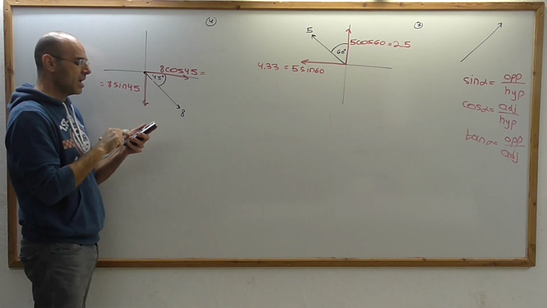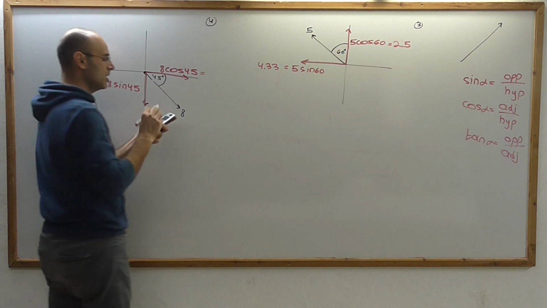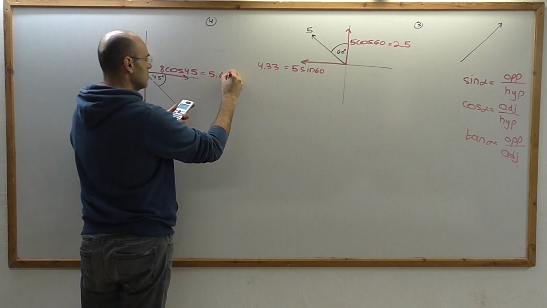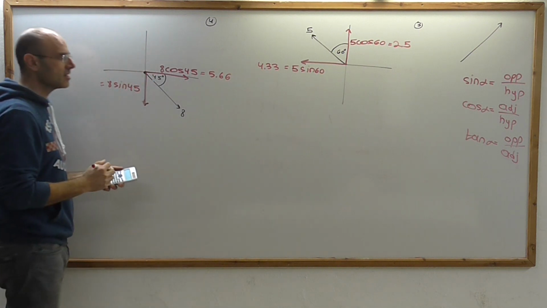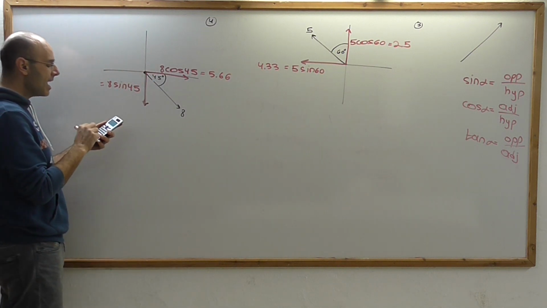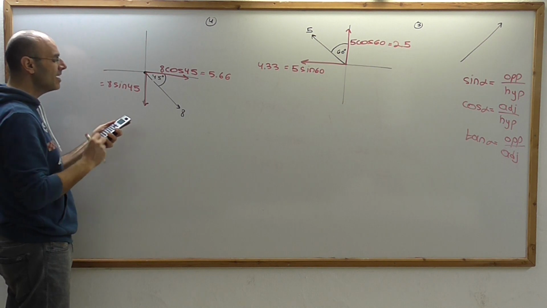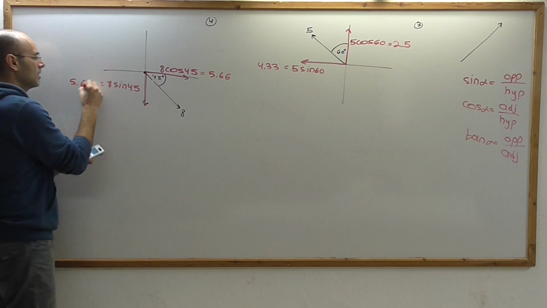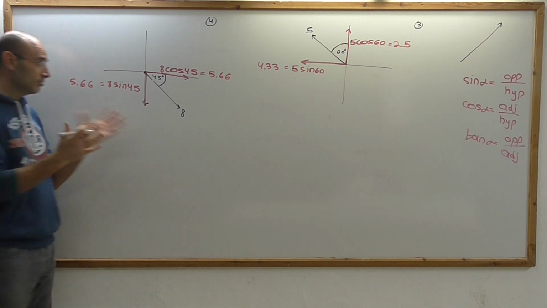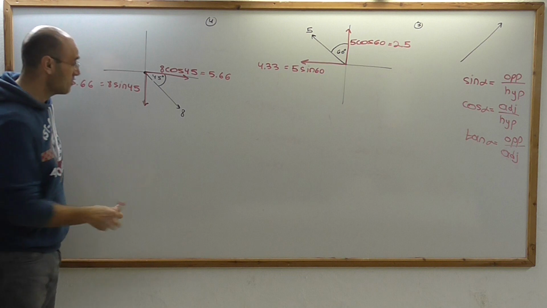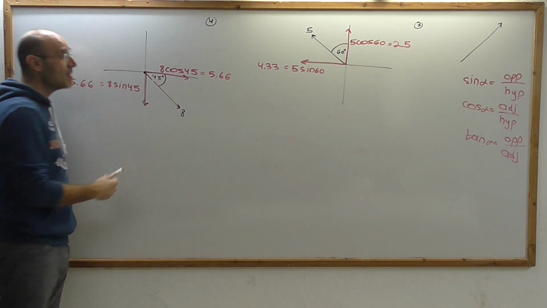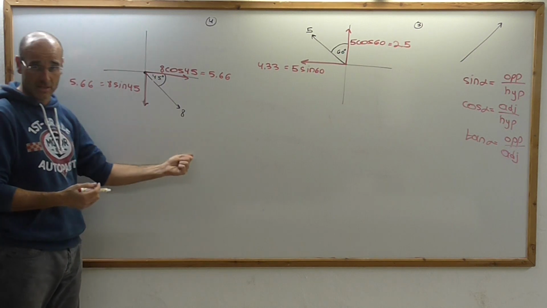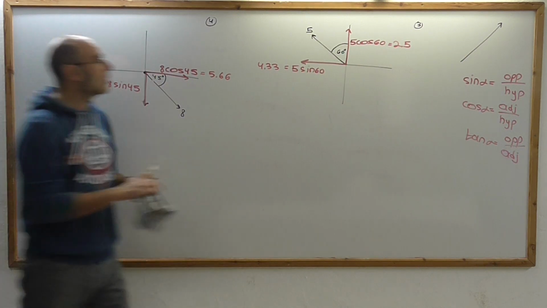If I do 8 cosine 45, it will be 5.66, and if I do 8 sine 45, I get exactly the same. So it's okay, because this one and this one are the same. Naturally, the ball will go exactly in the middle, like we expected. Okay, one more.